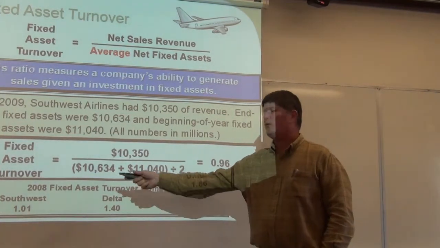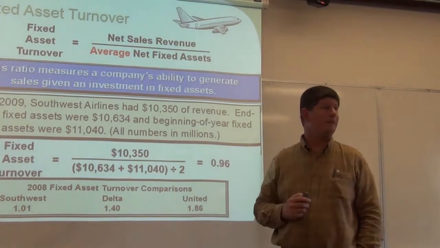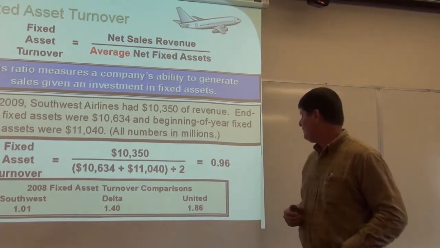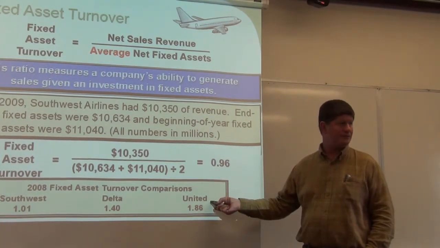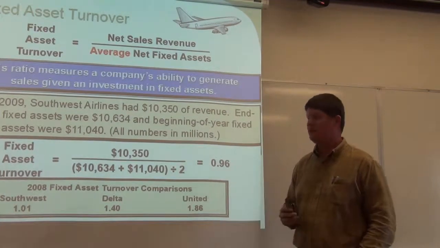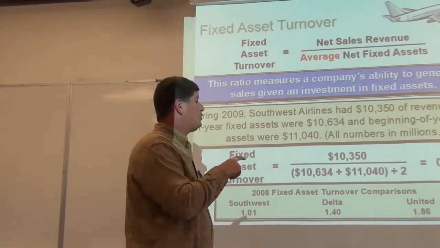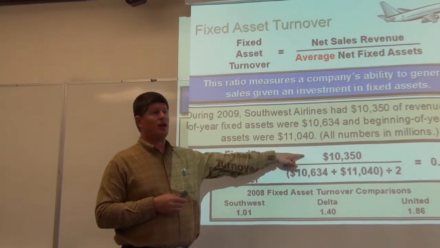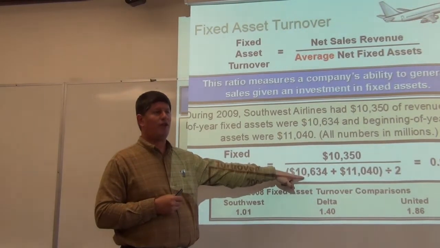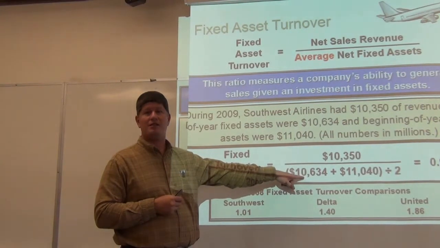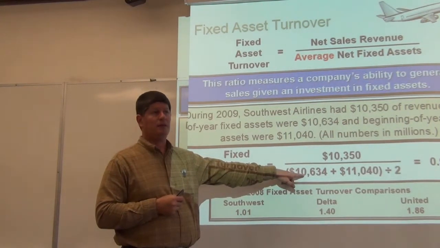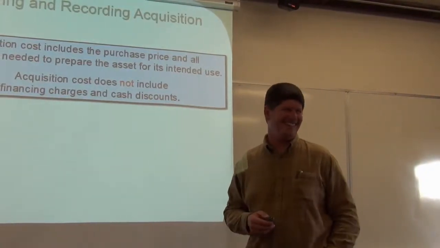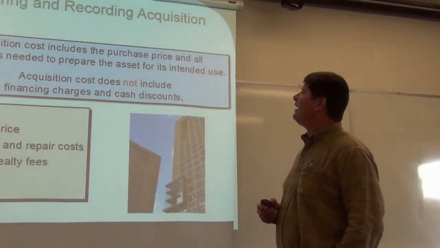Is Delta doing better or worse? Oh, I thought you said worse. I apologize. And United is doing better. So if you stop and look at this, what we're calculating is how many sales dollars did we generate for every dollar of fixed assets that we have. Okay?